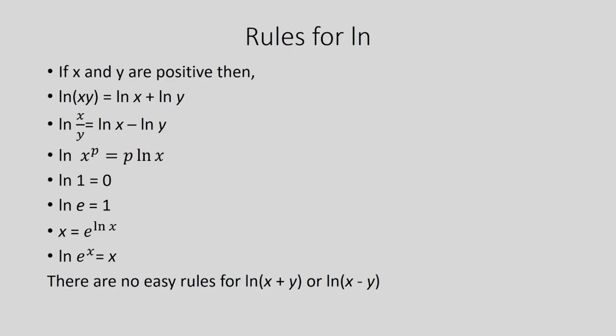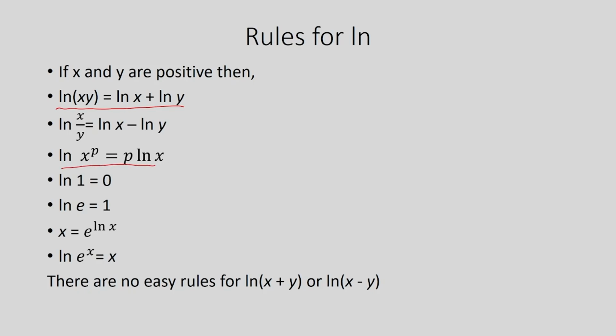Now, here are certain rules for natural log or ln. If x and y are positive, then log of xy is equal to log x plus log y. Log of x divided by y is equal to log x minus log y. Log of x to the power p is equal to p multiplied by log x.